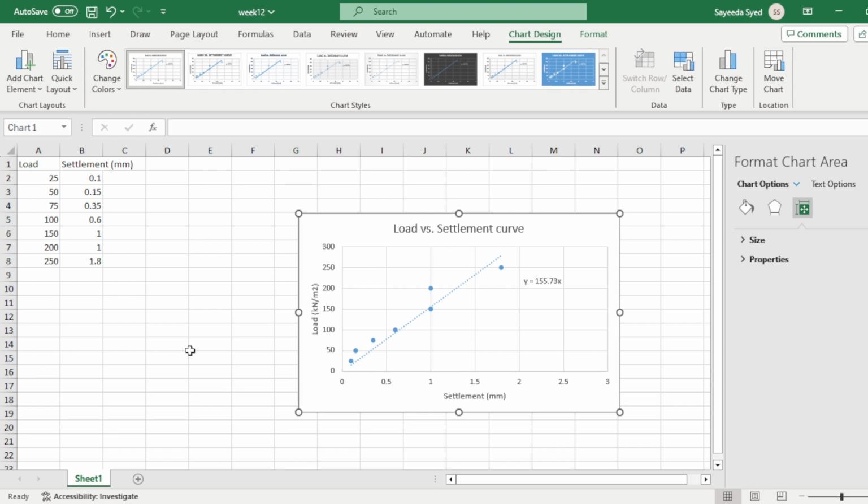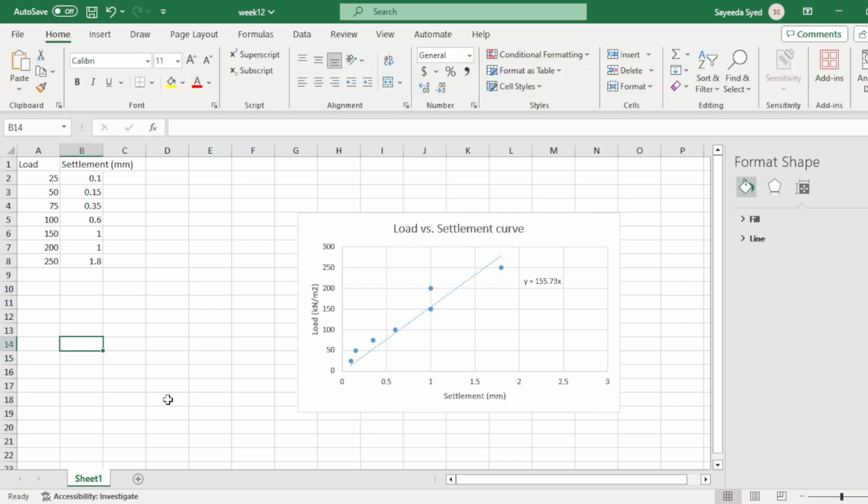The slope will be, let me calculate here, 155.73. This is the m, 155.73.